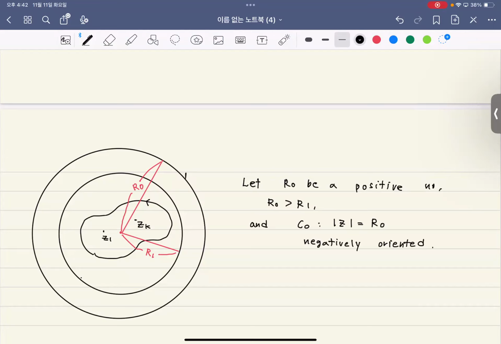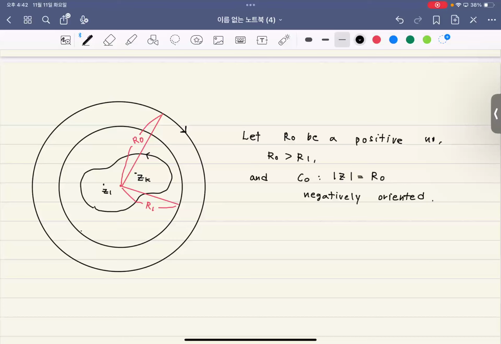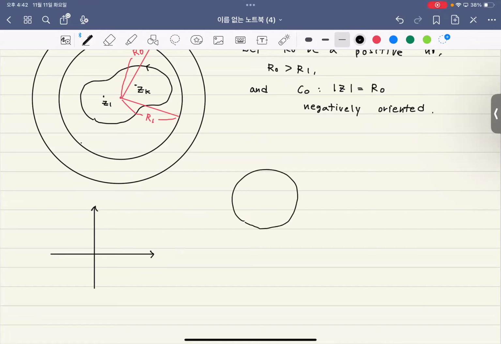Okay, why is it negatively oriented? In order to explain this, I will need to go back to the notion of the extended complex plane. The extended complex plane is considered as a two-dimensional sphere, and the south pole is considered to be the 0.